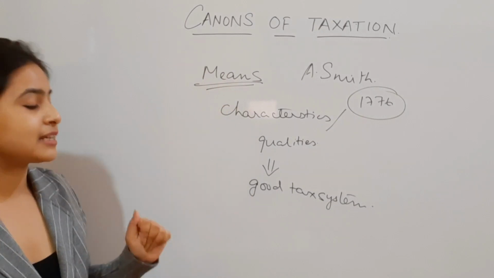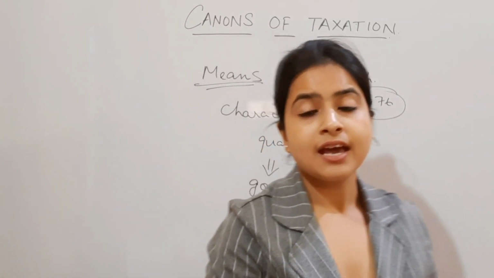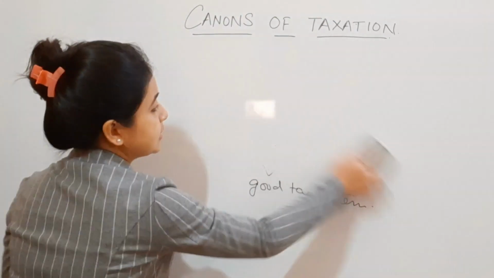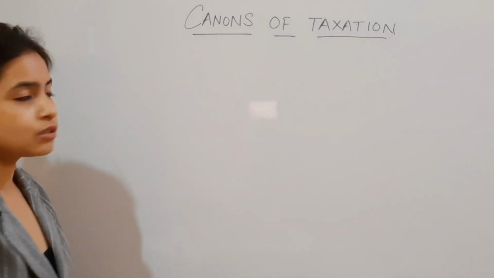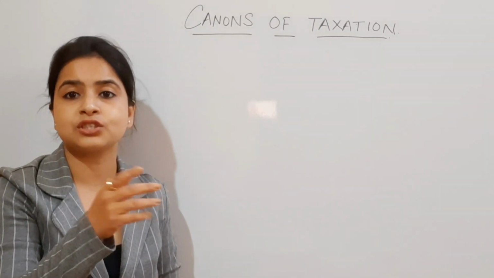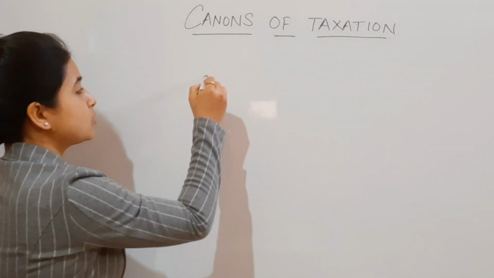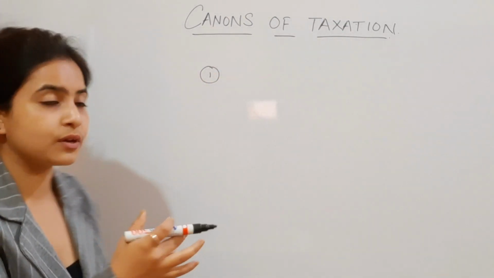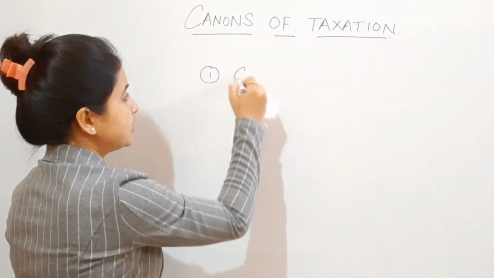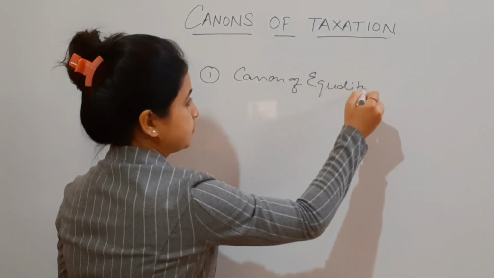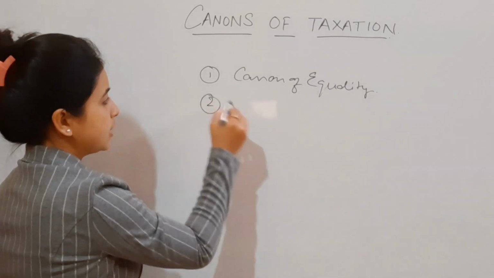Now, canons of taxation as given out by Smith were broadly divided into 4 types. We are going to discuss that, and also some of the modern additions to the existing canons of taxation. Starting with the canons mentioned by Smith: first one is the canon of equality. It's very important.